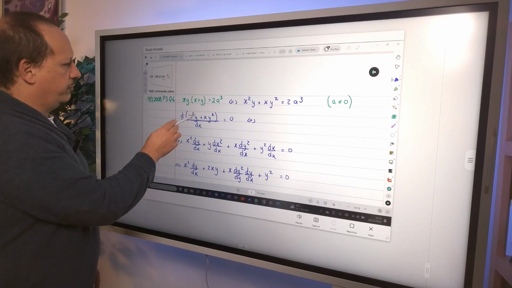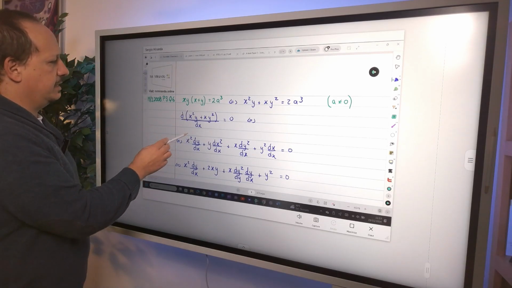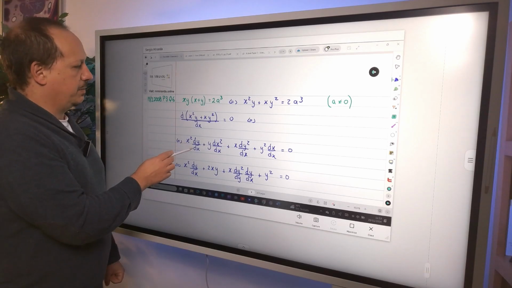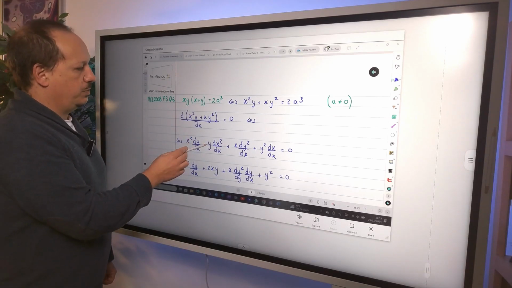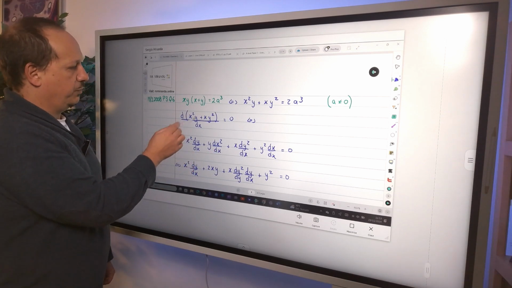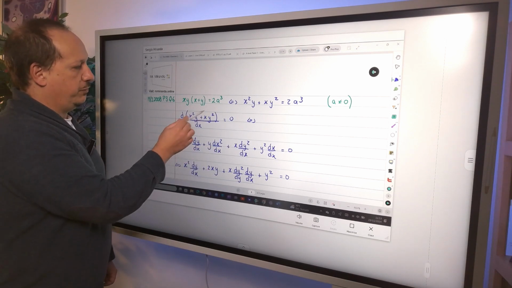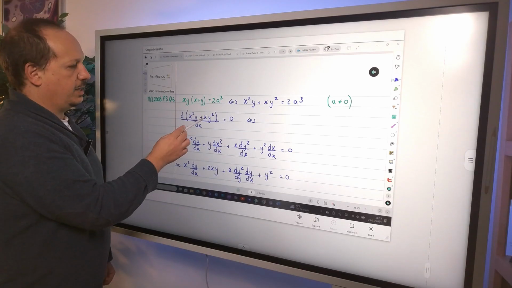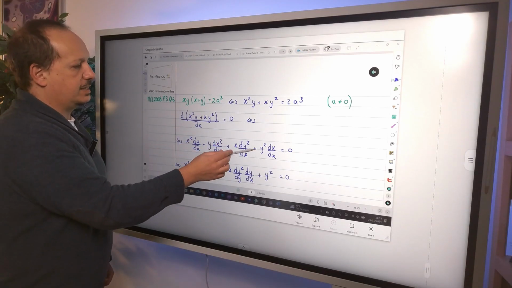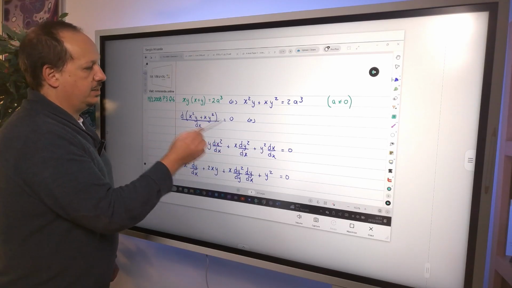Differentiate this, and this is going to be x² dy by dx plus y times d(x²) by dx. If you differentiate this part in terms of x, it's going to be x d(y²) by dx plus y² dx by dx.